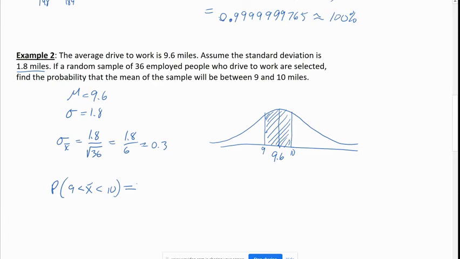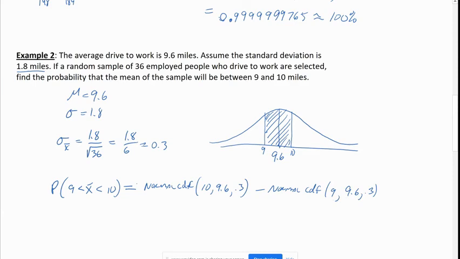What we can do is use the normal CDF of 10 with our mean of 9.6 and a standard deviation of 0.3, minus the normal CDF of 9 with 9.6 and 0.3.